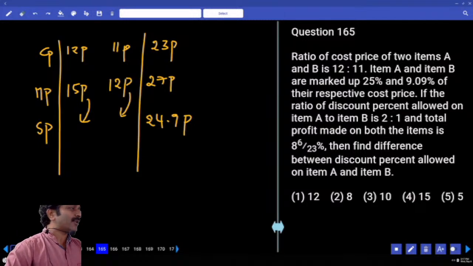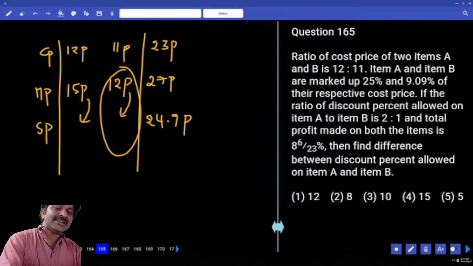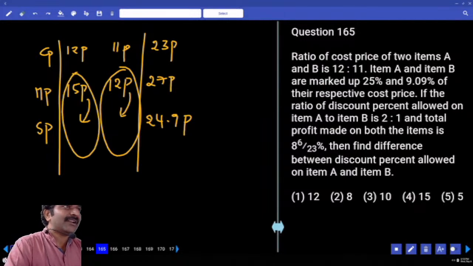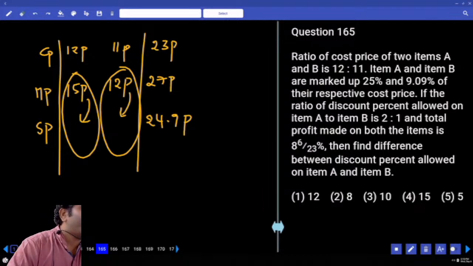So for that purpose, I will assume this value is 10%. 2:1 ratio, right? The smaller ratio is 10%, then this will be 20%, right? The sum of both the discounts offered will definitely be more than 10% only. If I start with the least value of 10%, both together will be more than 10% only.